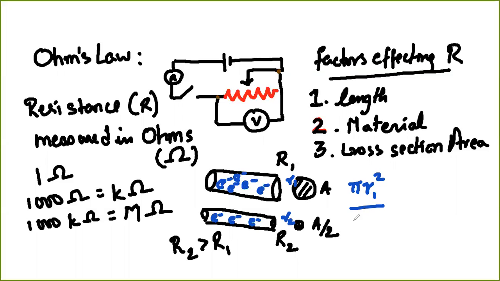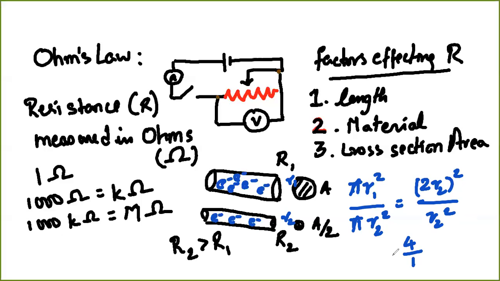So the comparison will be pi r1 squared by pi r2 squared, and of course pi and pi will get cancelled out. If the radius of this is twice as much as r2, you will get 2r2 whole squared divided by r2 squared, right? So that will give you a ratio of 4 by 1. All right.